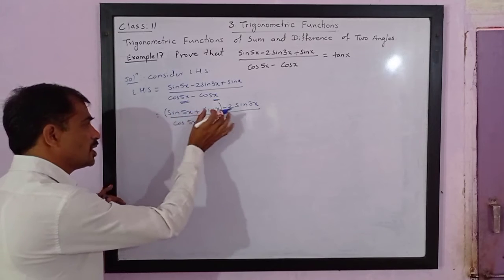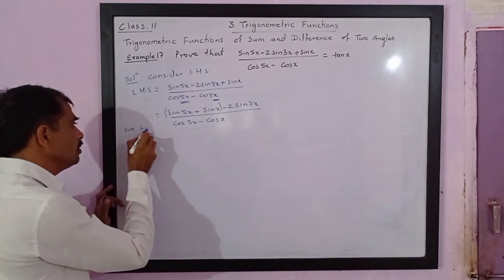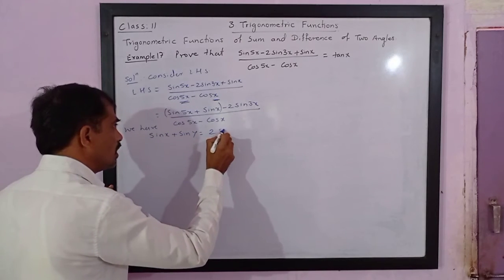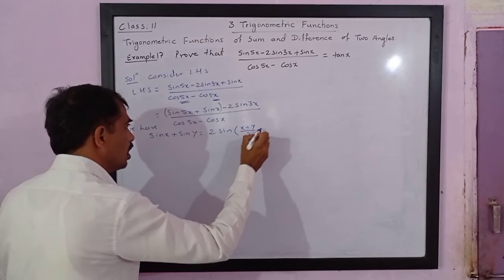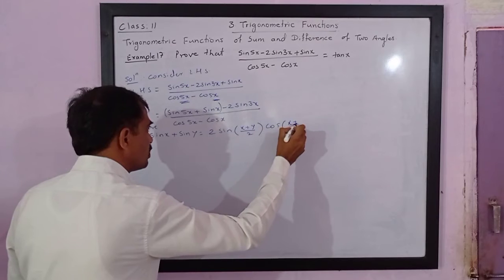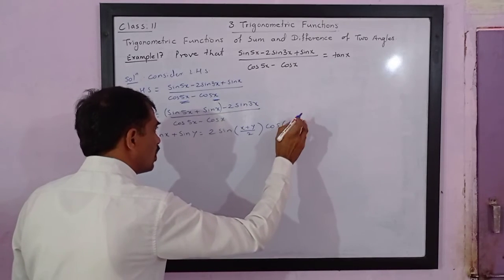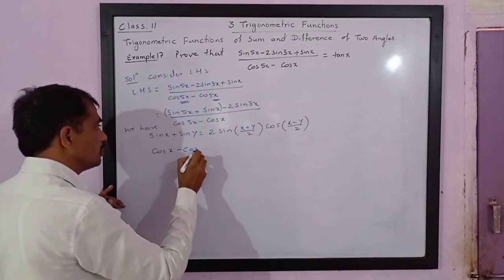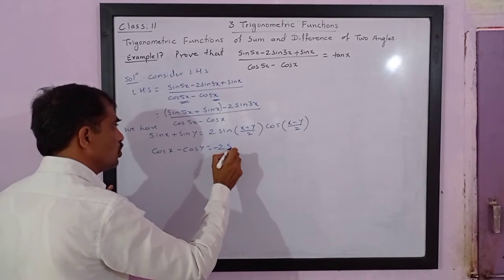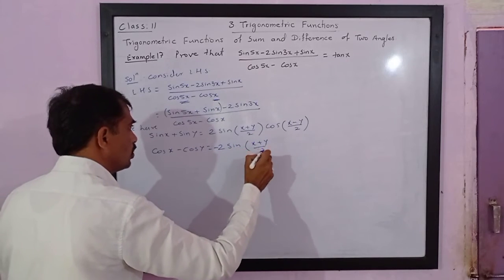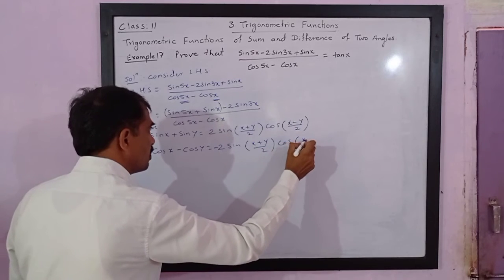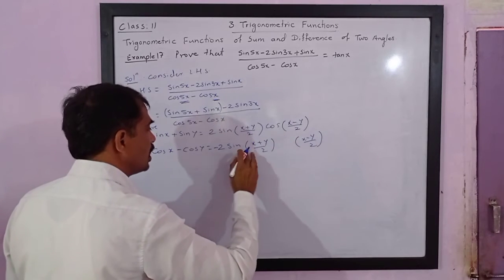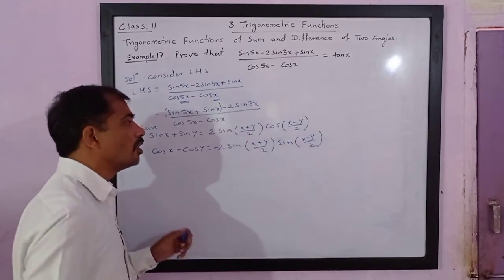For sin x + sin y we have sin x + sin y is equal to 2 sin((x+y)/2) into cos((x-y)/2), and cos x - cos y is equal to -2 sin((x+y)/2) into sin((x-y)/2).